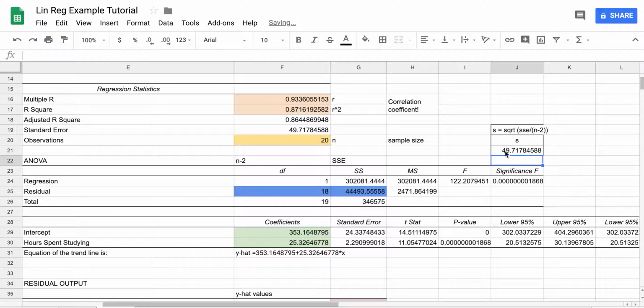So we're going to go look, and we see that because I didn't fix my S value in place, it moved down. So what I want to do is fix that S value in place.